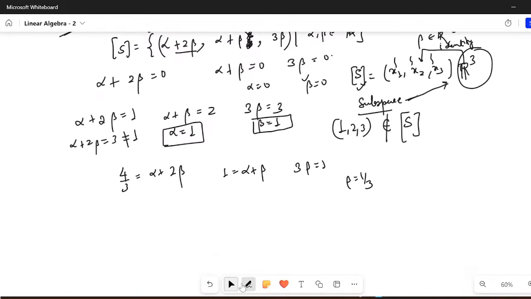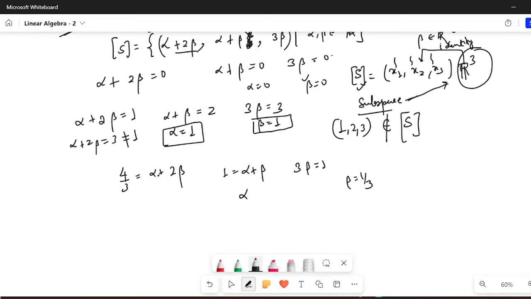So if (4/3, 1, 1) belongs to the linear span S, then alpha plus 2 beta should be equal to 4/3, alpha plus beta should be 1, and 3 beta should be equal to 1. If 3 beta is equal to 1, then beta should be equal to 1/3. If beta is equal to 1/3, then alpha should be equal to 2/3 from here.